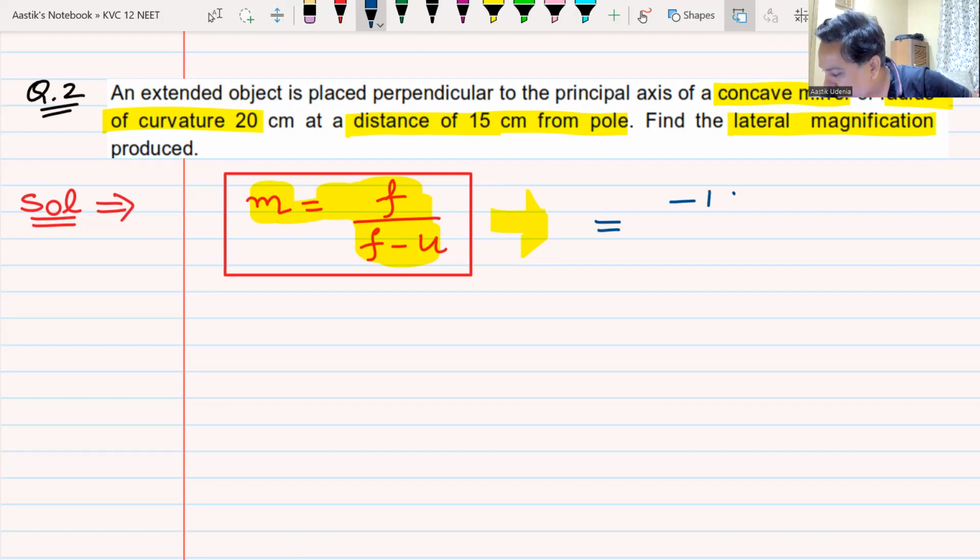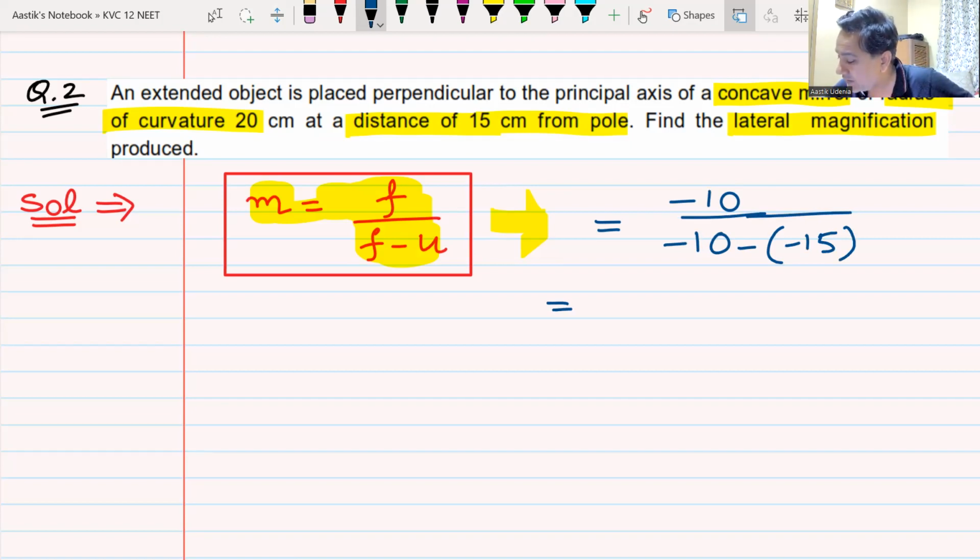So the focal length is -10, divided by, in the denominator again the focal length -10, minus, just tell me the value of u. Object is real, dear, so u has to be negative. It is at a distance of -15. Well done. You just calculate this small fraction and you will get the value of magnification as -2, minus indicating that the image is real.